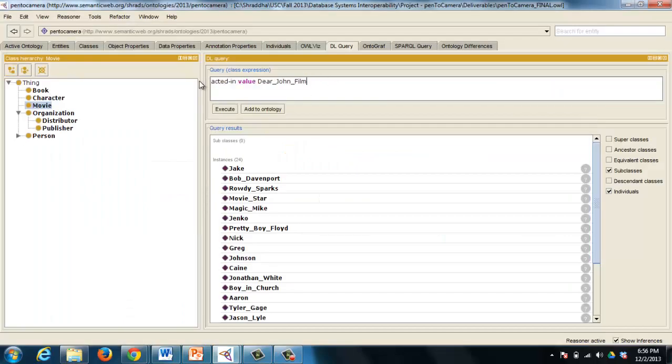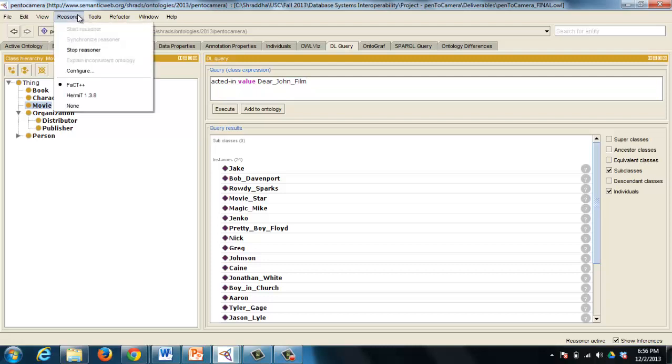The reasoner is already running right now. These queries, before executing them, the reasoner needs to be started. The reasoner we are using is FaCT++. What it does is check for consistency of an ontology.